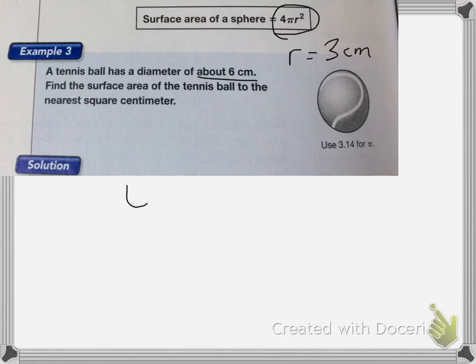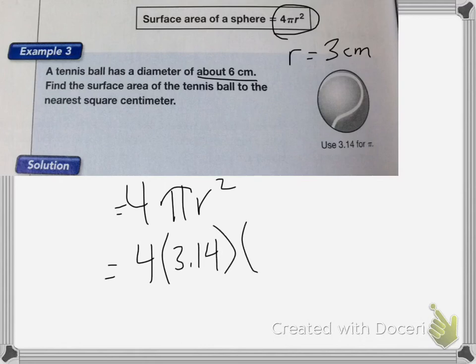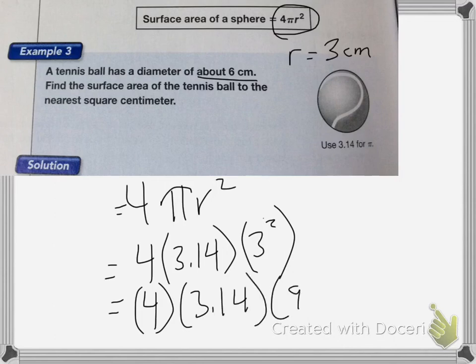So if it's equal to 4 pi r squared, that's going to equal 4 times 3.14 times 3 squared, which will equal 4 times 3.14 times 9. After I multiply all those numbers together, my answer is 113.04 centimeters squared.